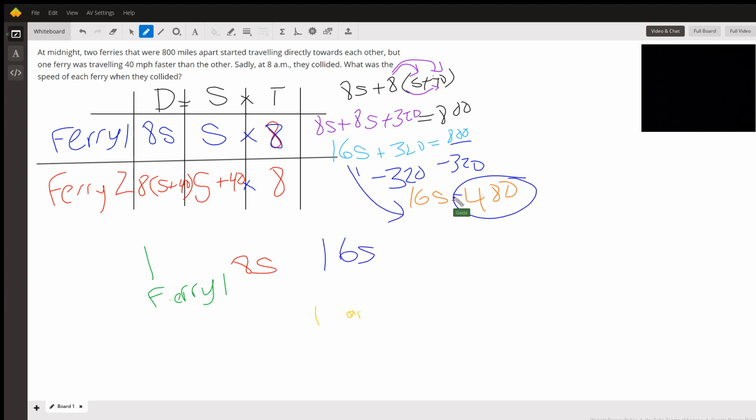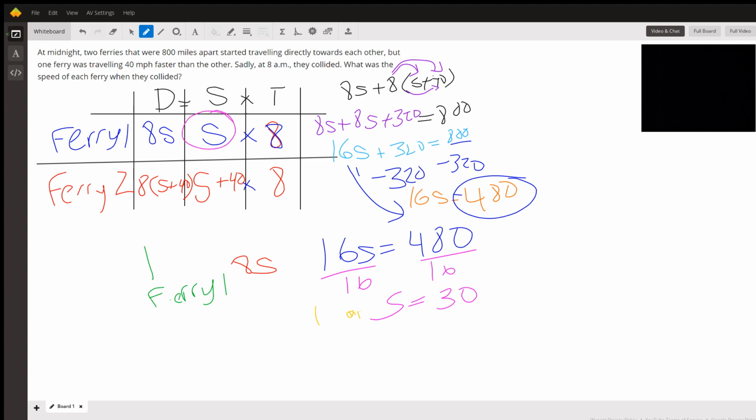So 16S equals 480. We can now divide by 16 on both sides. That should give us about 30 here. So S equals 480 divided by 16. That is 30. So this S right here equals 30.